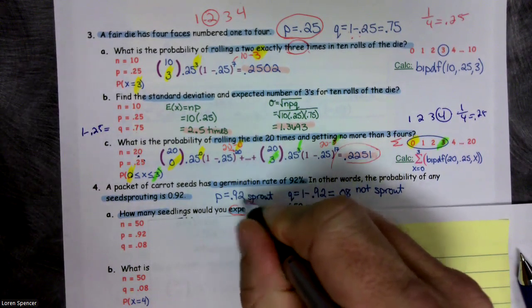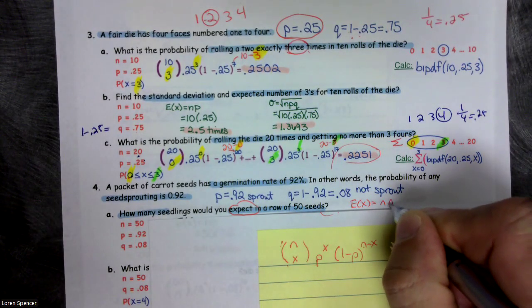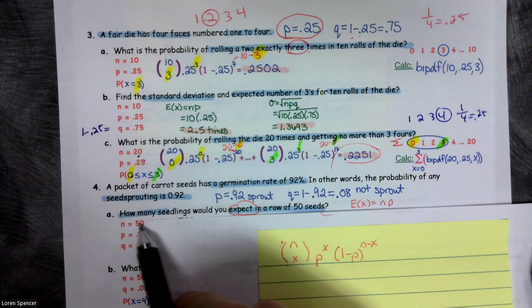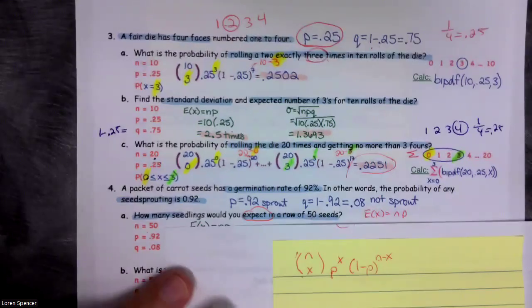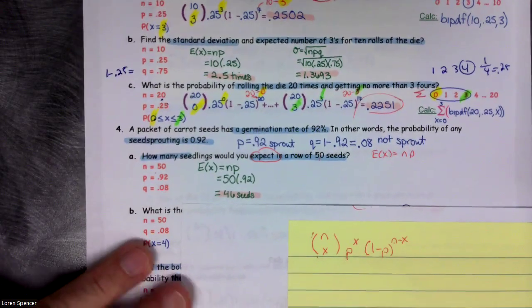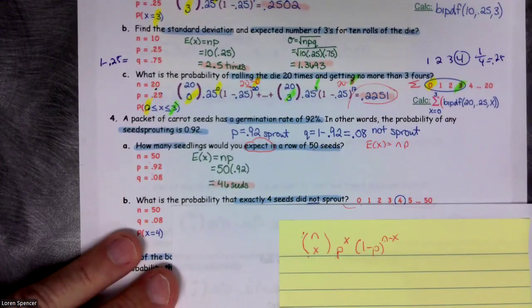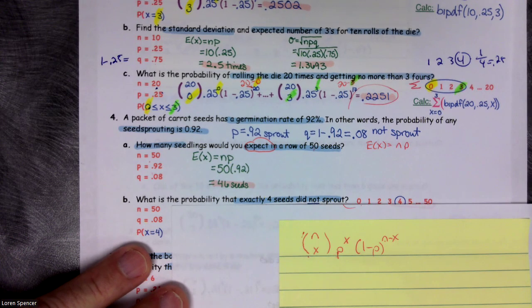Keyword is expected. That means I have the expected value equals NP. Well, my sample or my trials is 50. My probability is 0.92. So 50 times 0.92, we get that. What's the probability that exactly 4 seeds did not sprout?